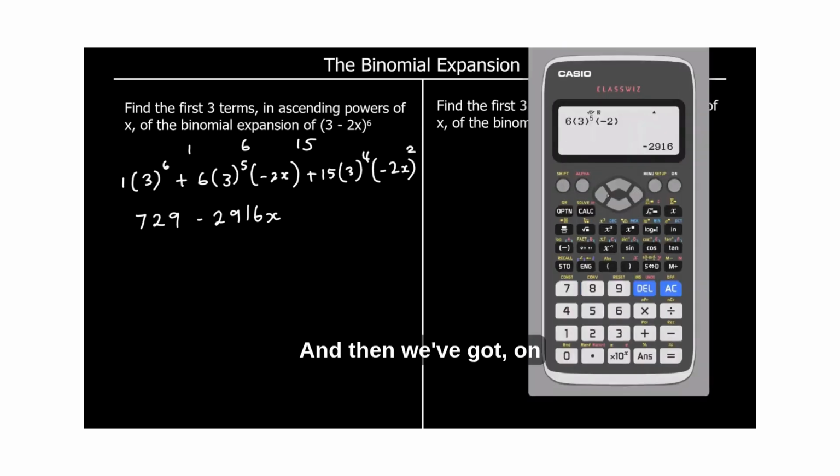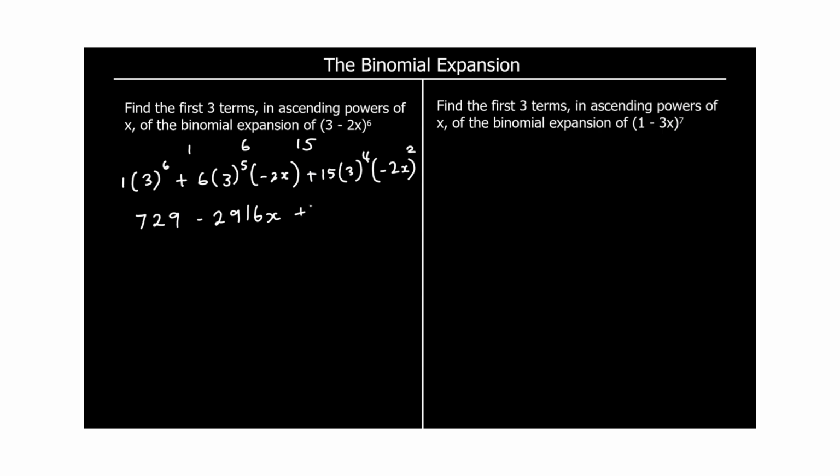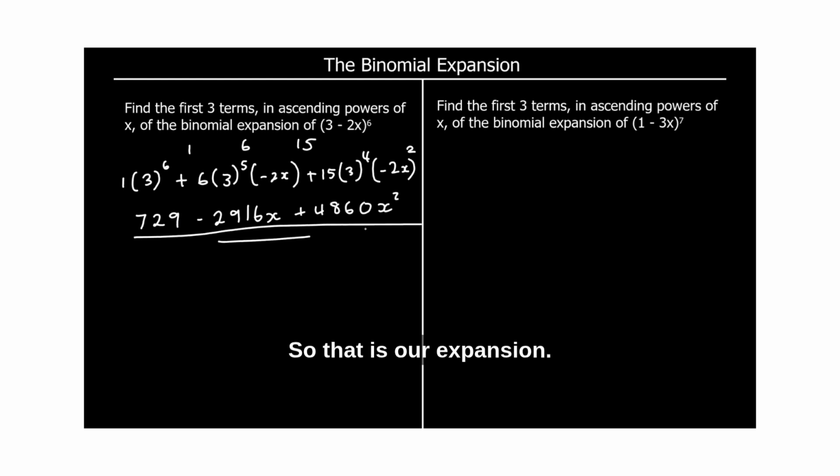And then on the last one, we've got 15 times 3 to the power of 4 times negative 2 squared. So that's 4,860. And that's our x squared term. So that is our expansion. One for you to try. Pause the video. Give it a go.